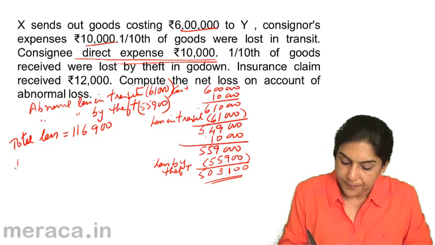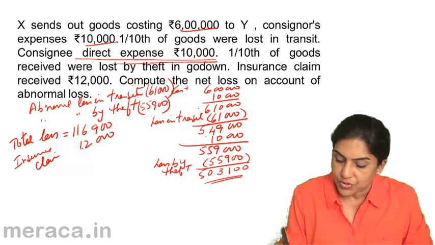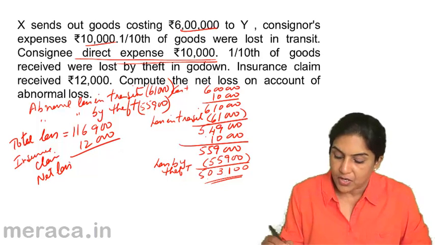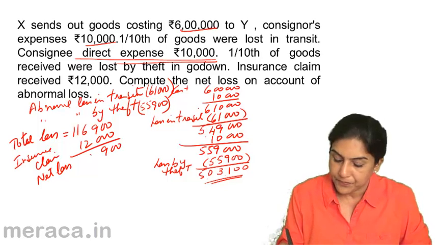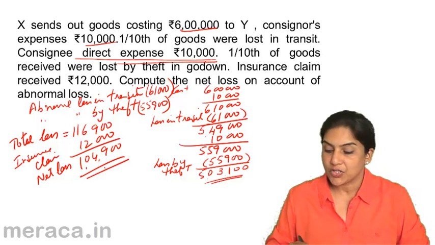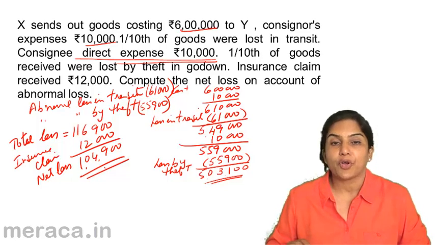Insurance claim is only 12,000. Therefore, net loss would be 1,04,900. Net loss on account of abnormal loss.